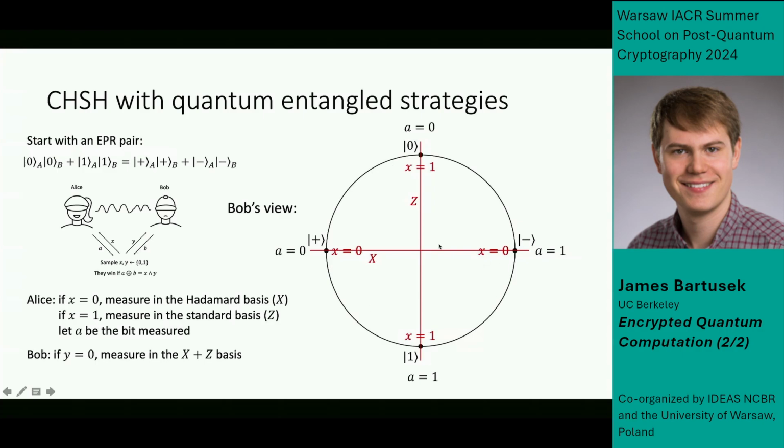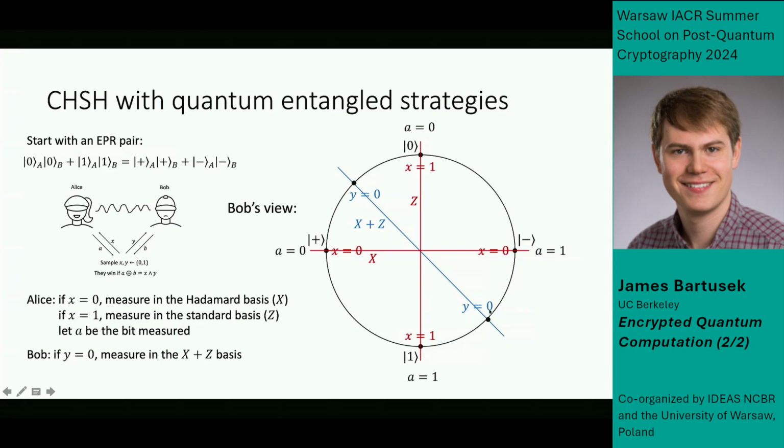Looking at what states Bob has, if Bob has either the plus or the 0 state, then we want him to return 0. Whereas if he has either the 1 or the minus state, we want him to return 1. Now, there's no perfect measurement that always assigns 0 to the plus or 0 state and always assigns 1 to the minus or 1 state. But we can do the next best thing and split the difference.